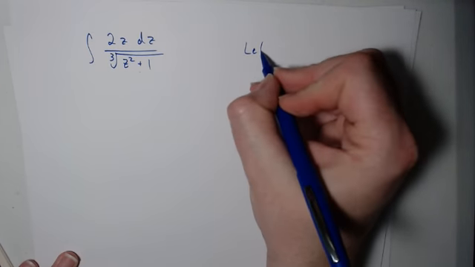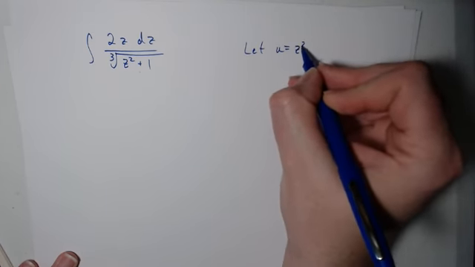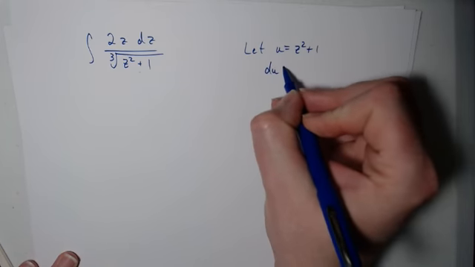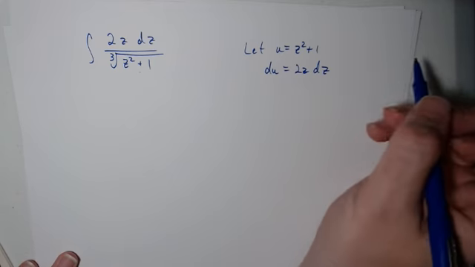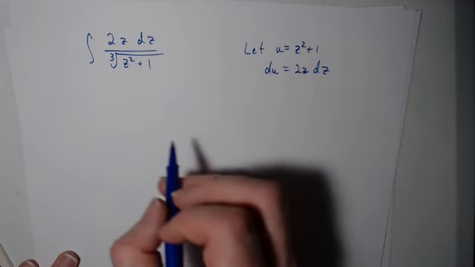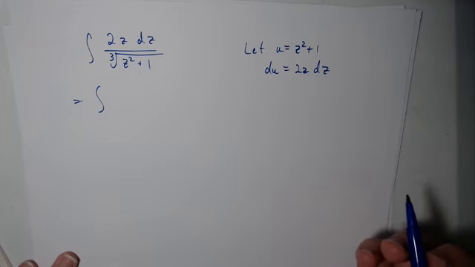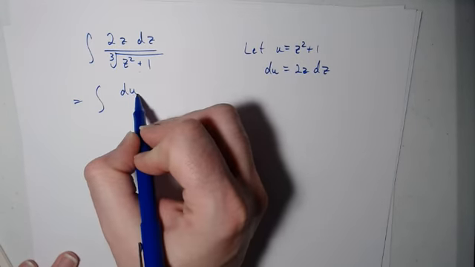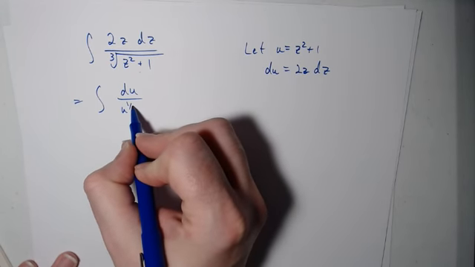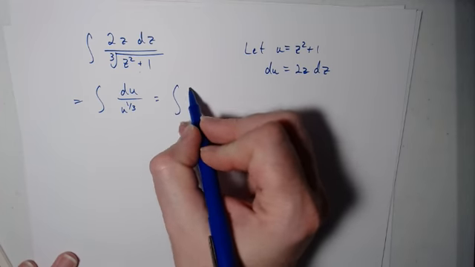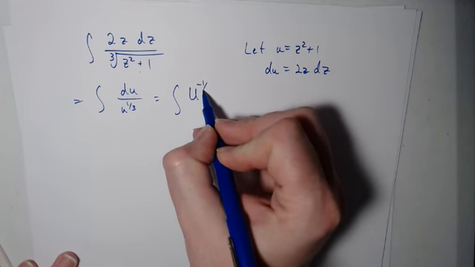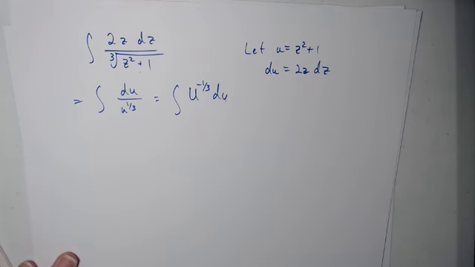We could let u be equal to z squared plus 1. Then du is equal to 2z dz. This is probably the most straightforward way. So then we get du over u to the 1/3. I prefer to write that as u to the minus 1/3 du.